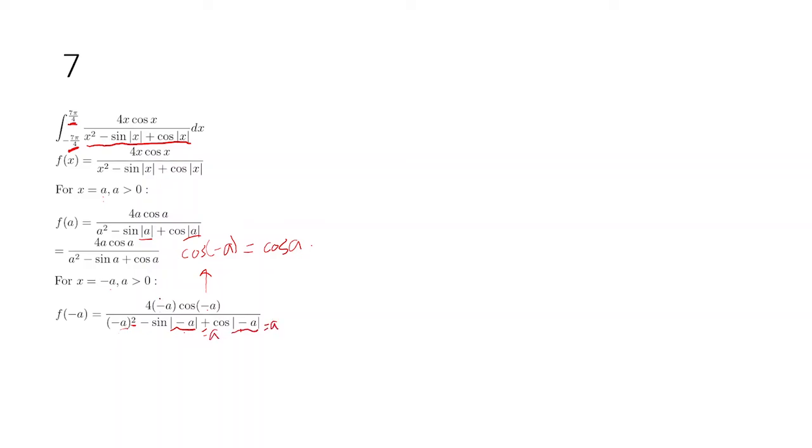So the only difference really is here in this place. So we'll get that the value of the function at x is equal to negative a is equal to negative 4a cosine of a over a squared minus the sine of a plus cosine of a. Or we can see from these two that f of negative a is equal to negative f(a).